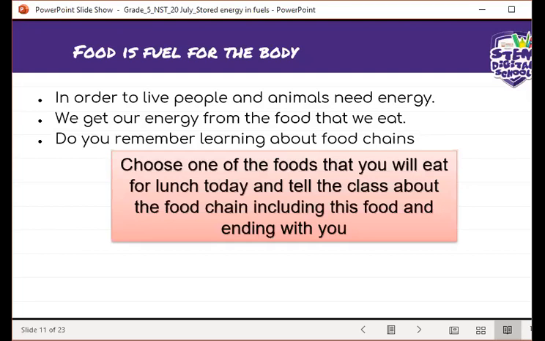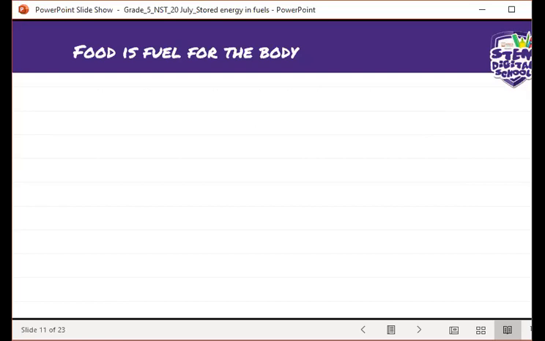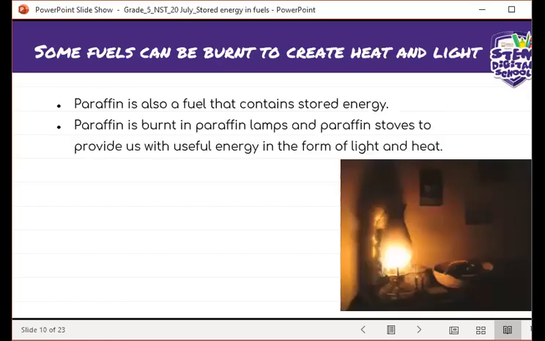We were going to have an exercise, but it seems time is not on our side and we won't have enough time for it, so we'll just continue with this. Sorry, Khosa, is there something that you wanted to write? Yeah, I'll just wait. So guys, tomorrow we will continue from that slide that I just showed you, which says food is fuel for the body, because we won't have enough time for the discussion.